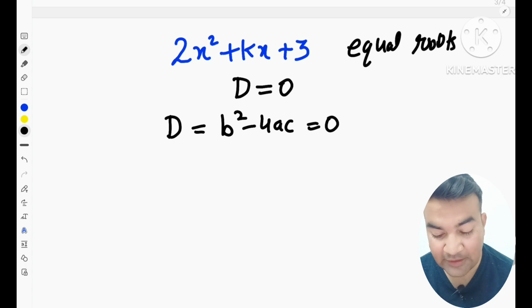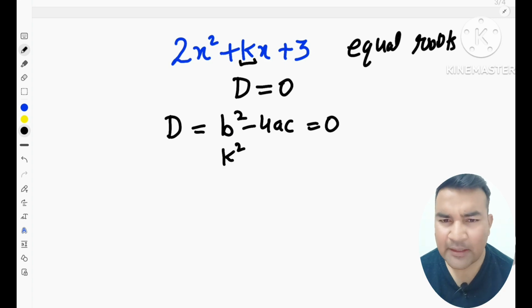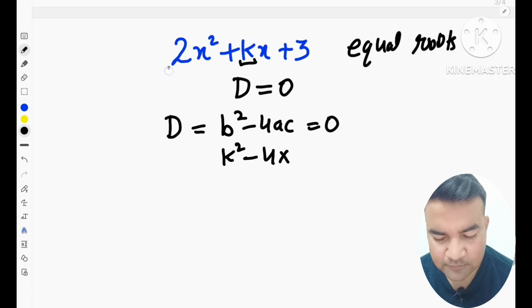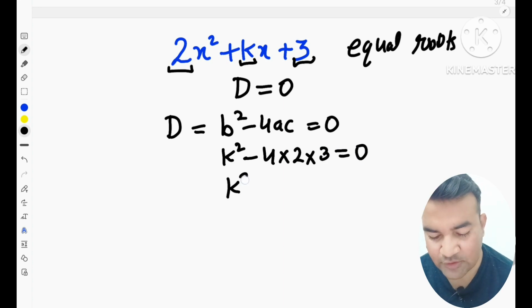Can you find b from the equation? Yes. This is k square minus 4 times your a, which is 2, times your c, which is 3, equal to 0. K square minus 4 times 2, 8, times 3.